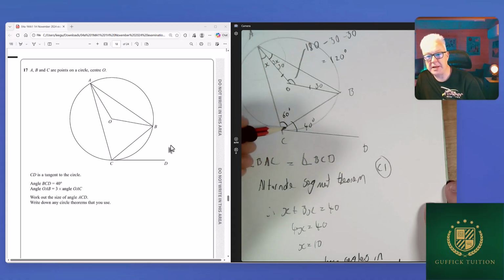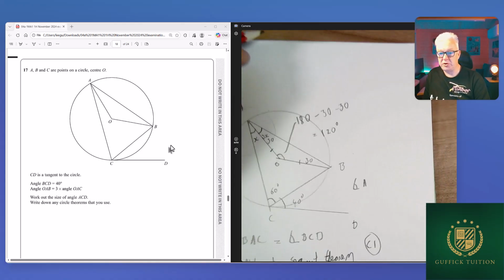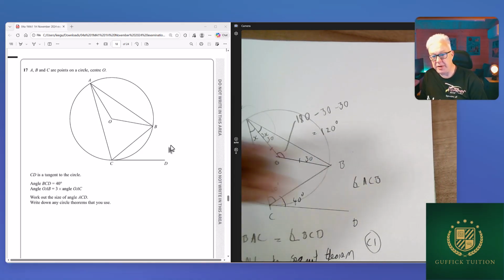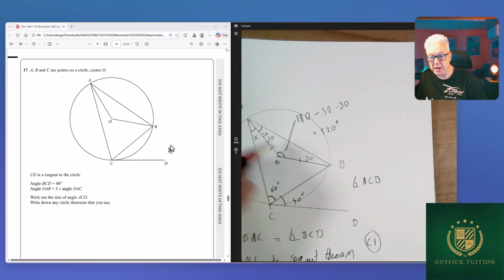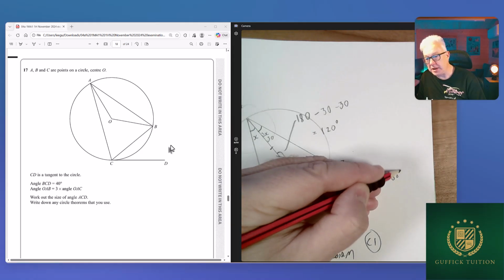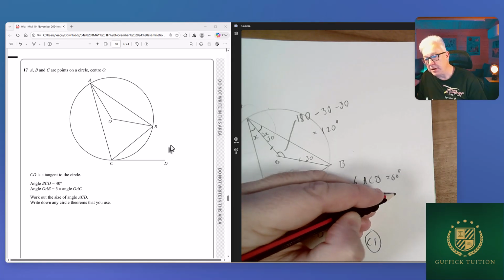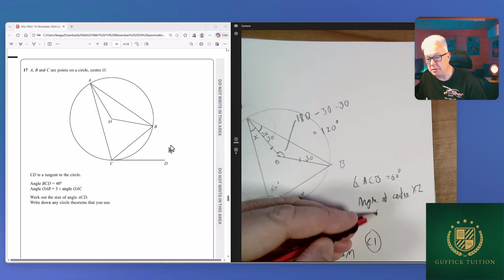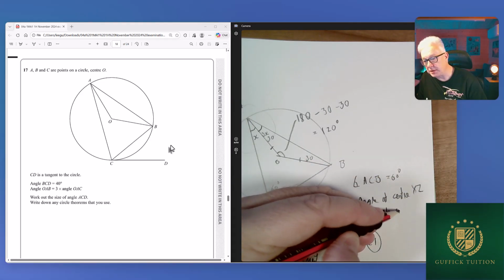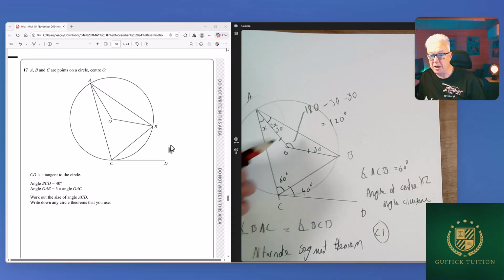So angle ACB is equal to 60 degrees, and we can say the angle at the centre is twice the angle at the circumference. Okay, so that's the circle theorem that we've used to deduce that if that's 120, that one must be 60.